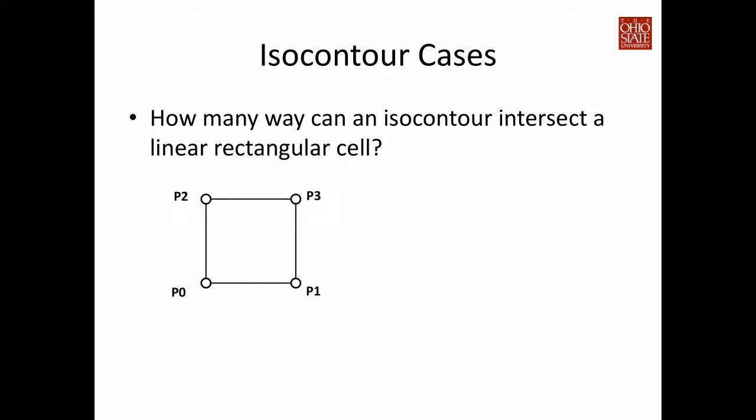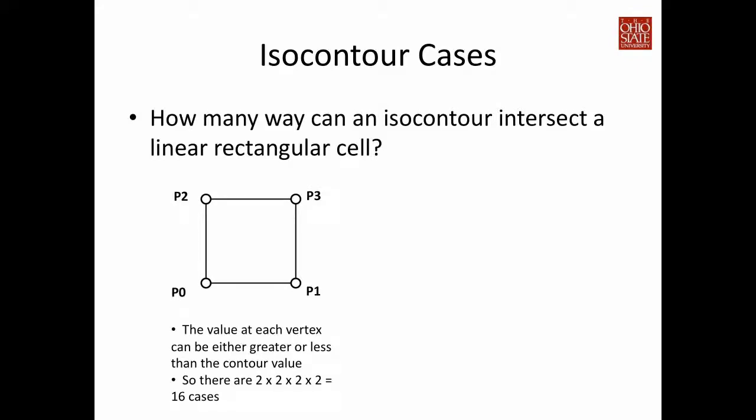You might ask, how many ways can isocontour intersect a linear rectangular cell? Let's look at it together. Each cell, if it's a rectangle, has 4 vertices, and the value at every vertex can be either greater or less than the contour value.